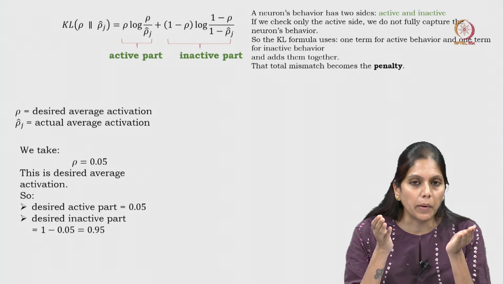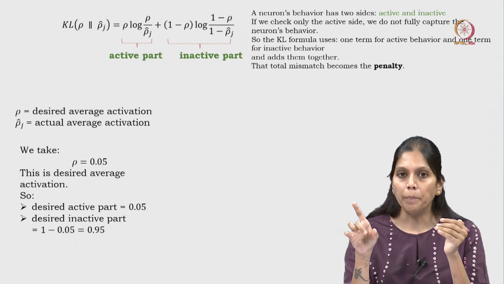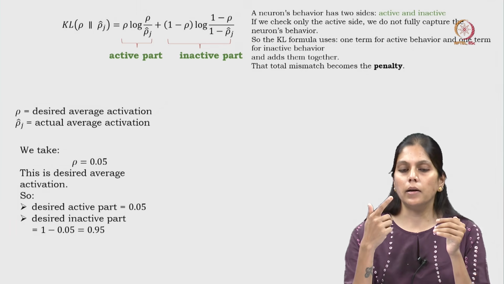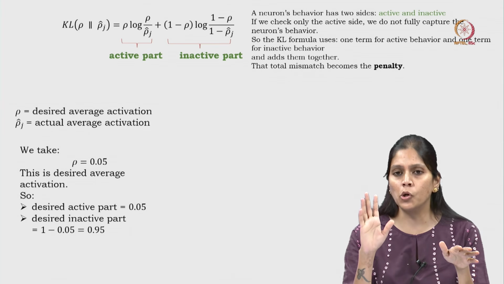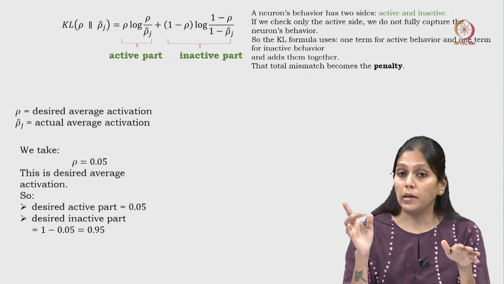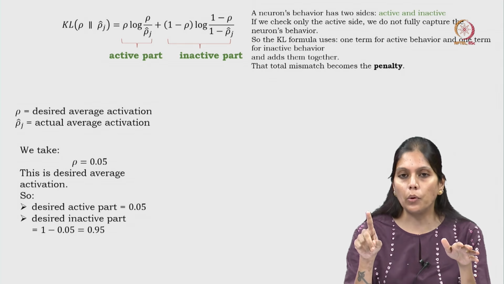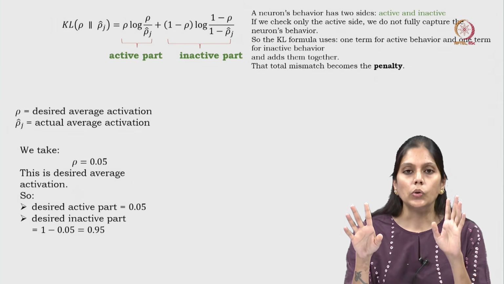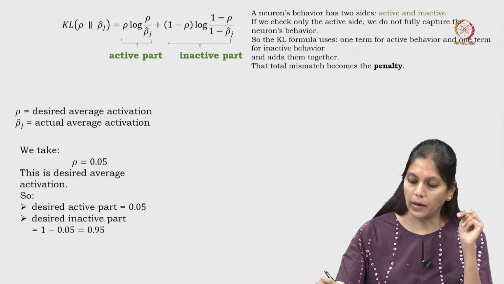Our requirement is that a neuron at a hidden layer can behave either as active or inactive. Most of the time it should be inactive, but sometimes it should be active also. So the neuron's behavior has 2 sides, active and inactive.